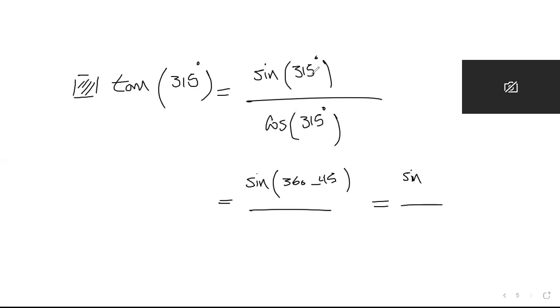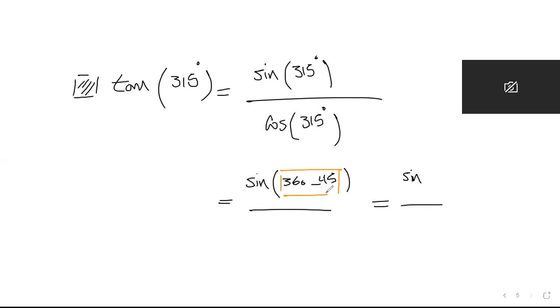Look at this. 315 is 360 minus 45, right? What's the point of doing this? 360 minus 45 gives you 315. Simone.